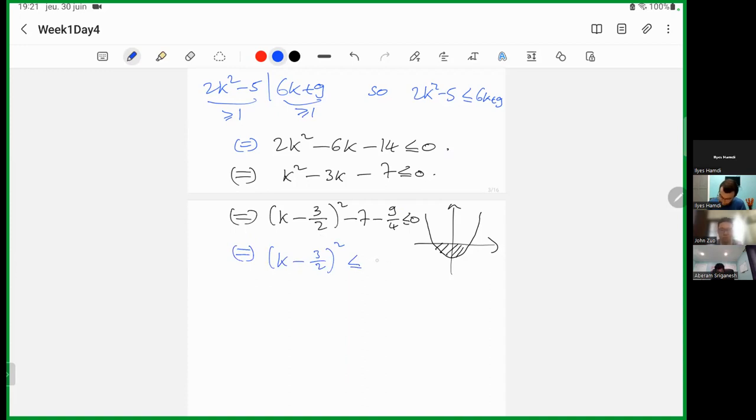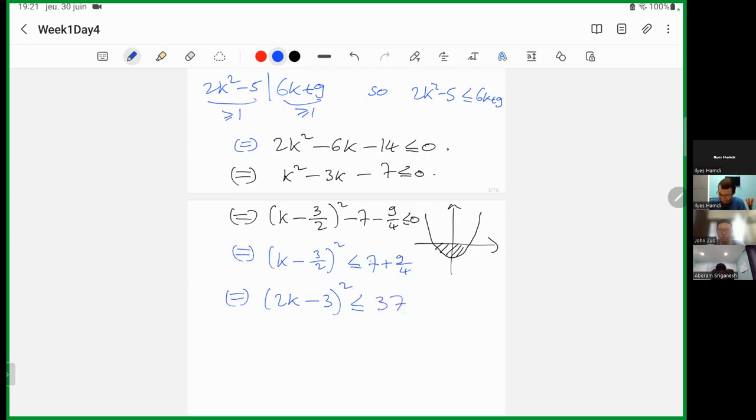7 plus 9 over 4. So I will just multiply by 4, so everything becomes an integer. So 2k minus 3, squared, is less or equal to 37.